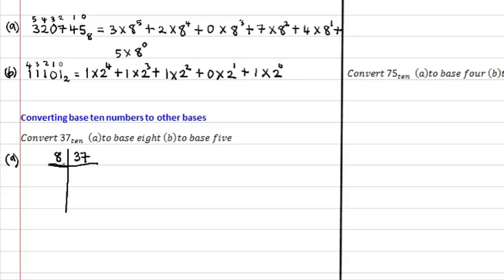How many 8s can we find in 37? 4, remainder 5. Hope you understand how I do this. With your calculator, 37 divided by 8 gives 4.625.